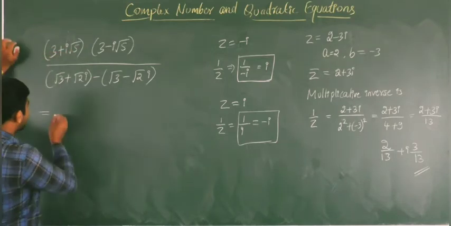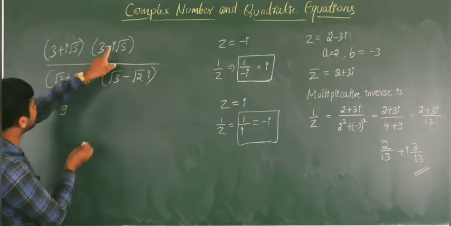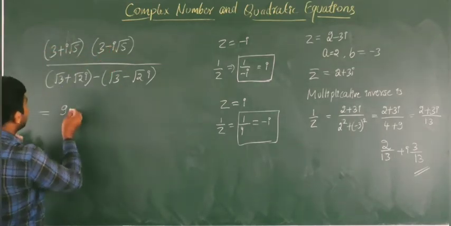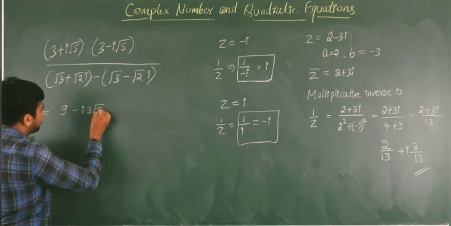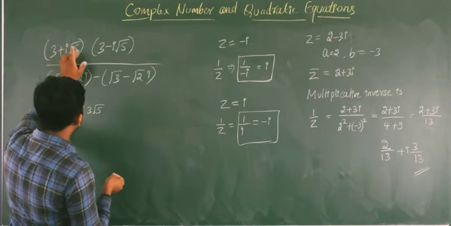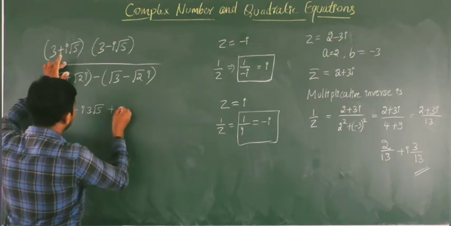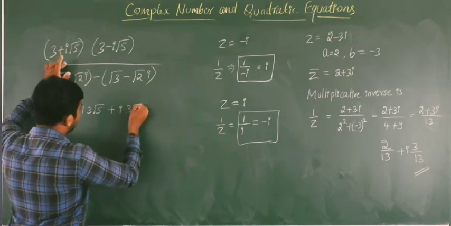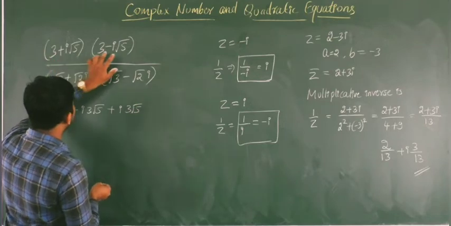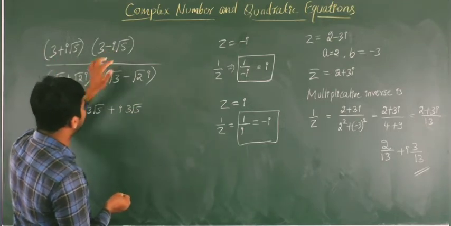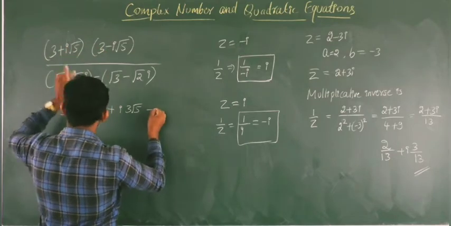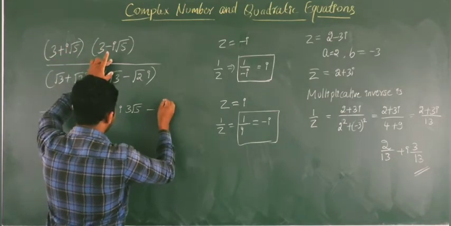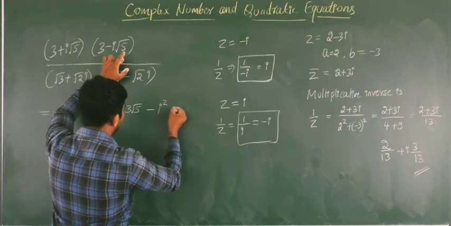3 threes are 9, 3 into minus i root 5 is minus i into 3 root 5. Next, i root 5 into 3 is i into 3 root 5. i root 5 into minus i root 5 is minus i square into root 5 into root 5, 5.